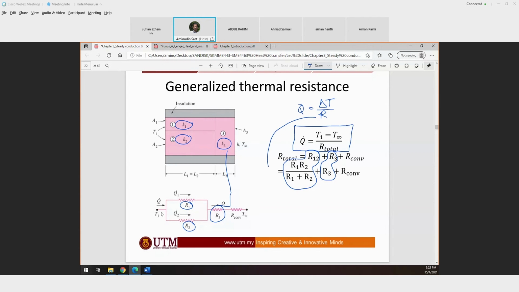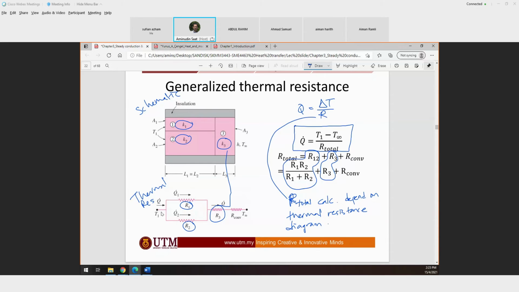So the R total calculation depends on the thermal resistance diagram. This is your schematic, and this is your thermal resistance diagram.